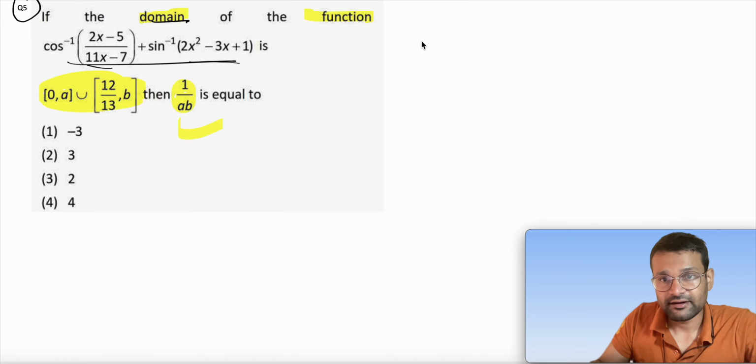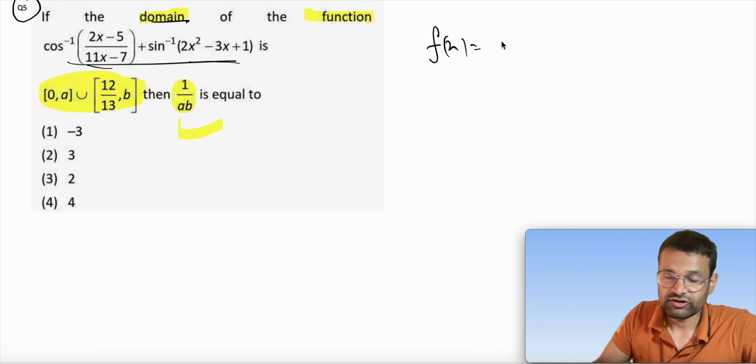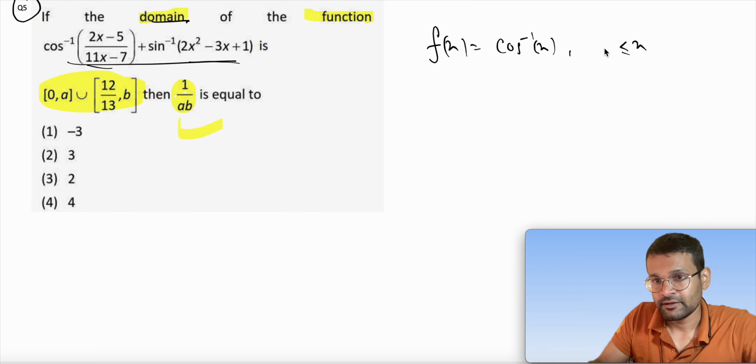And you know that for the inverse function, where it is defined, cos inverse x is defined where x is from minus 1 to 1. As you know the graph, you can know from the graph also.